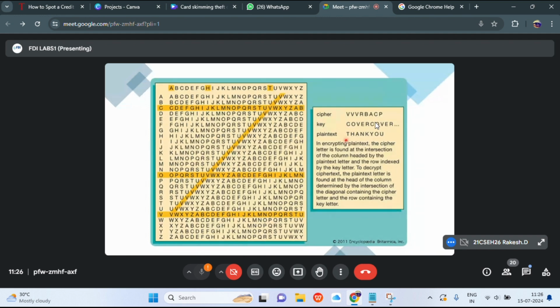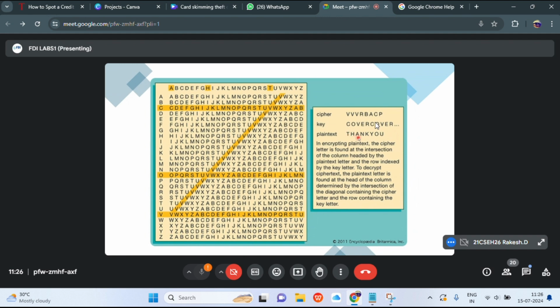Now when you see here, the plain text is thank you and our key is cover. In Caesar cipher, we saw that the key was a numerical value. But here in Vigenère cipher, the key can be any word or any random alphabets you can keep for the key. Now you have to place your key parallel to the plain text.